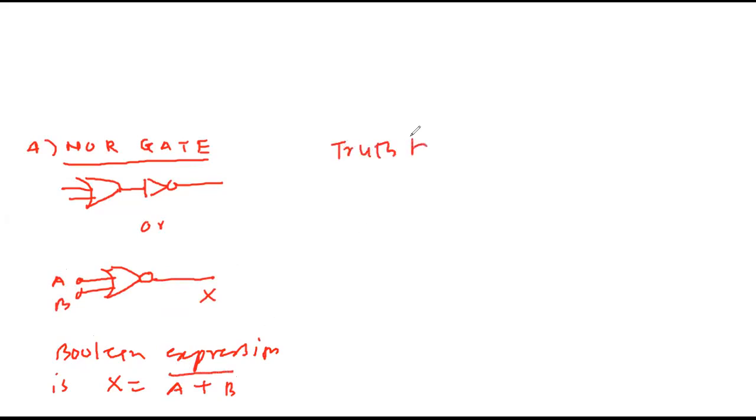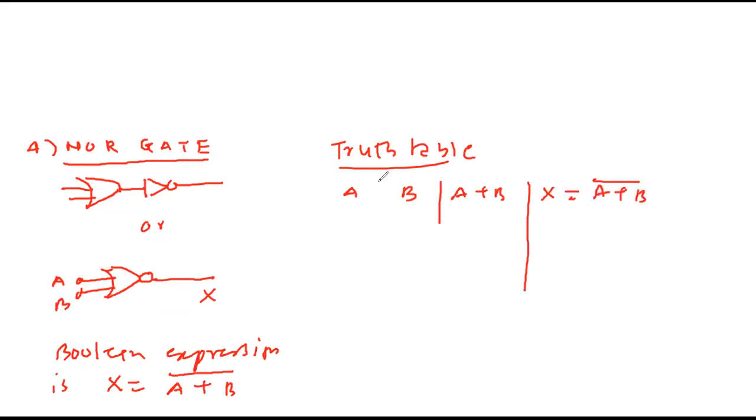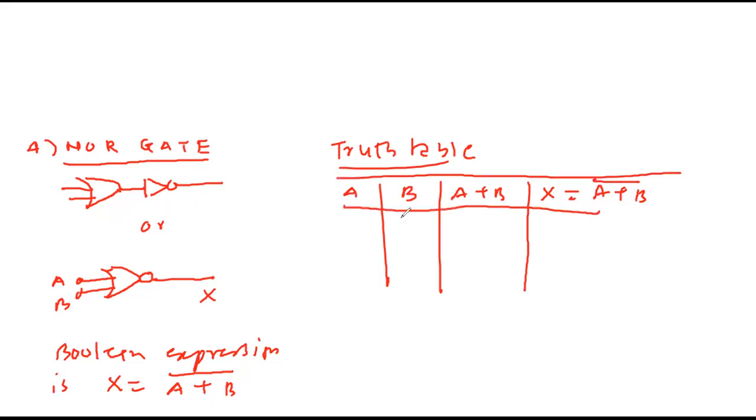Truth table will be A, B, A plus B, then X is the complement of A plus B. 0, 1, 1, 1, 0, 1, 1, 1, 1, 0, 0, 0. So this will give you output as 0, 0, 0.